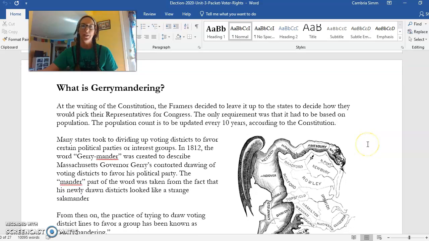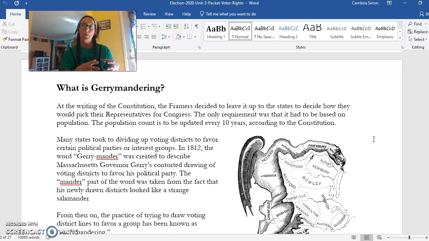What is gerrymandering? At the writing of the Constitution, the framers decided to leave it up to the states to decide how they would pick their representatives for Congress. Remember, this was the big state, small state compromise. Big states wanted representation by proportion of population, and the small states didn't. They wanted equal representation.